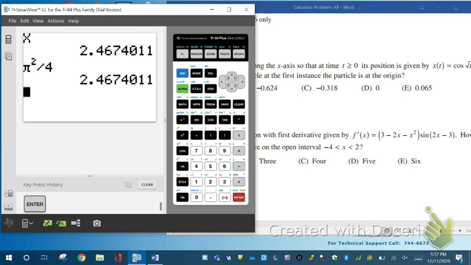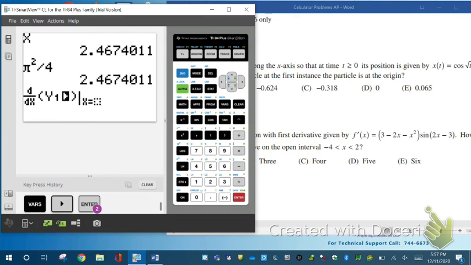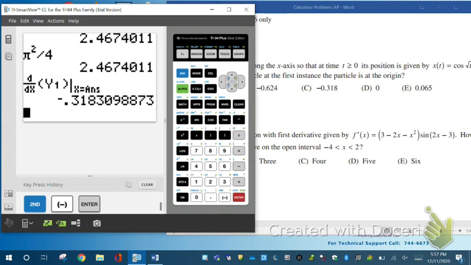Math 8. Always with respect to x. I can use y1 because it's still graphed there instead of typing it back in. And evaluate it at, my value of x was my last answer. Should get the same answer, and we do. Option C.